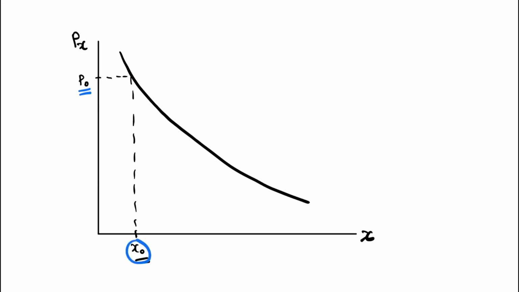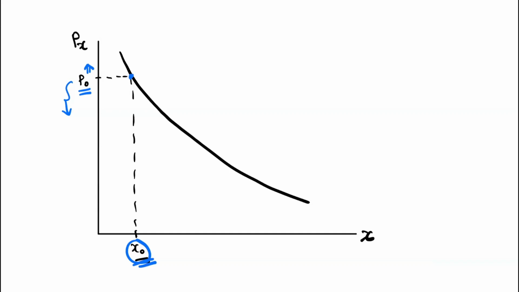Of course, if I can get a lower price than P0 while having X0 number of good X, it's going to be even better. But the point is that the maximum price that I'm willing to give up is going to be P0. If the price is above P0, that's not my utility maximizing point if I'm having X0 number of good X.